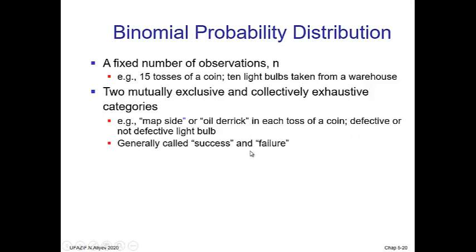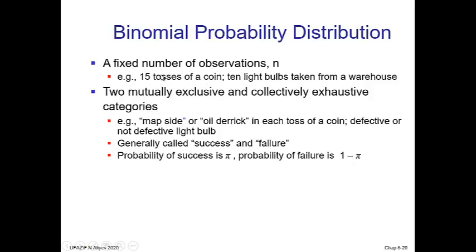We call these two possibilities generally success and failure. It depends on which you select as the success for your question, okay? And the probability of success we denote by pi, and the probability of failure is 1 minus pi.